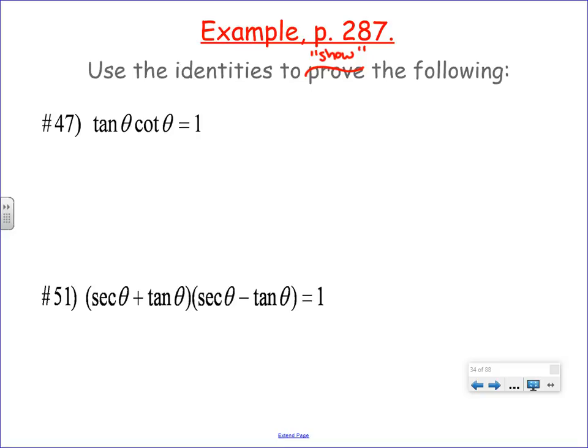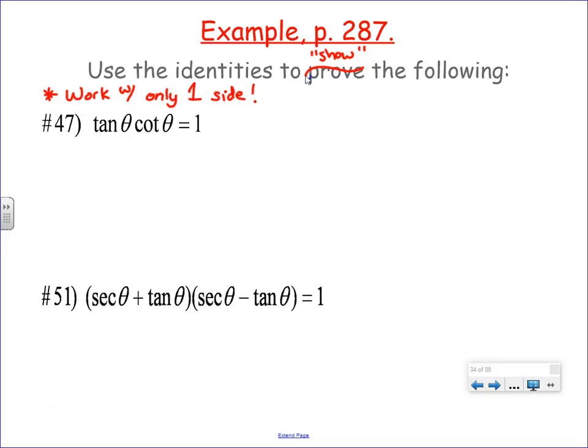You guys just have a couple of these in homework, so I want to give you two quick examples about how to show, using your formulas, that this is true. One quick thing you do have to know is that you can only work with one side. You're going to be given an equation.